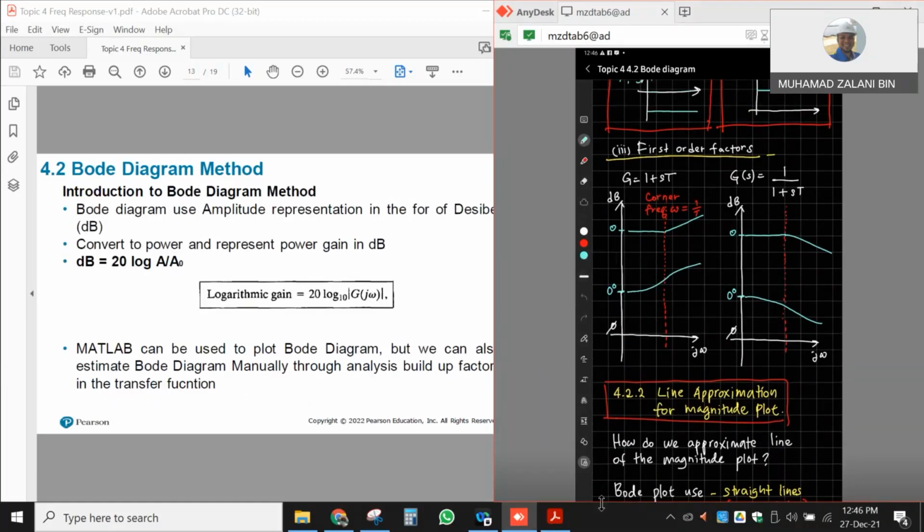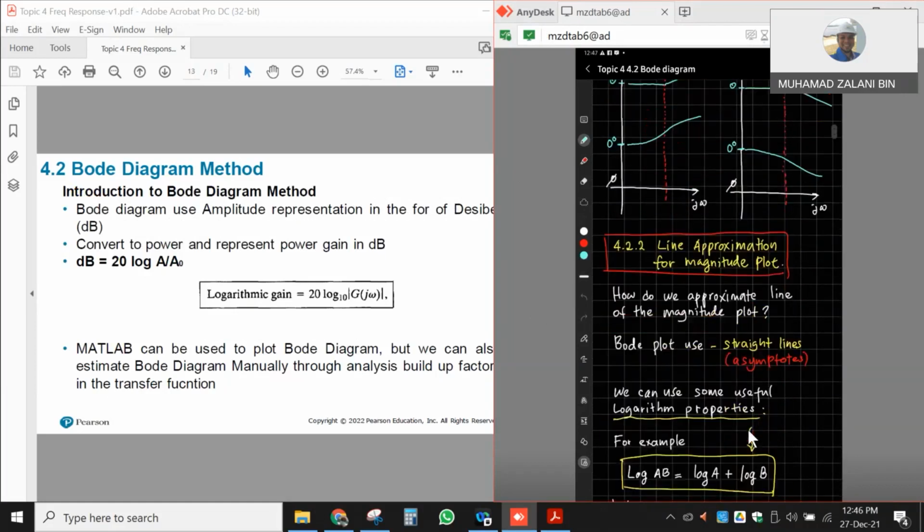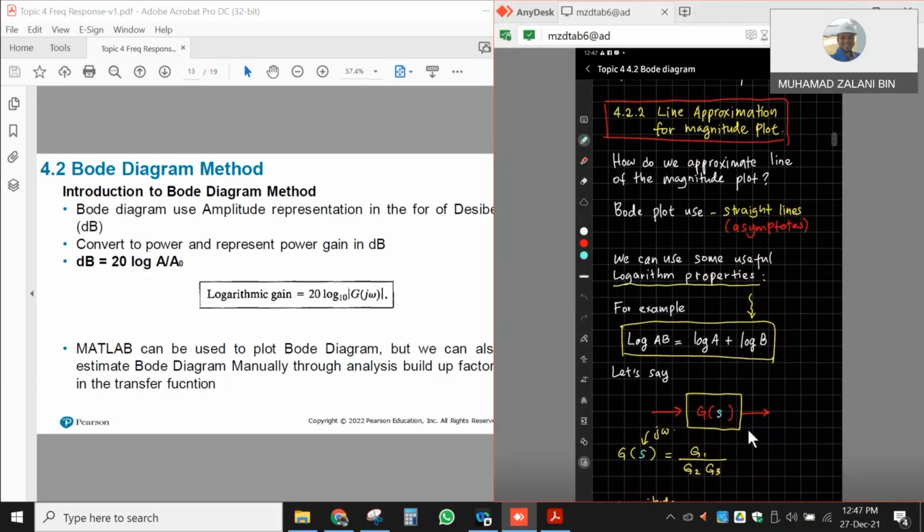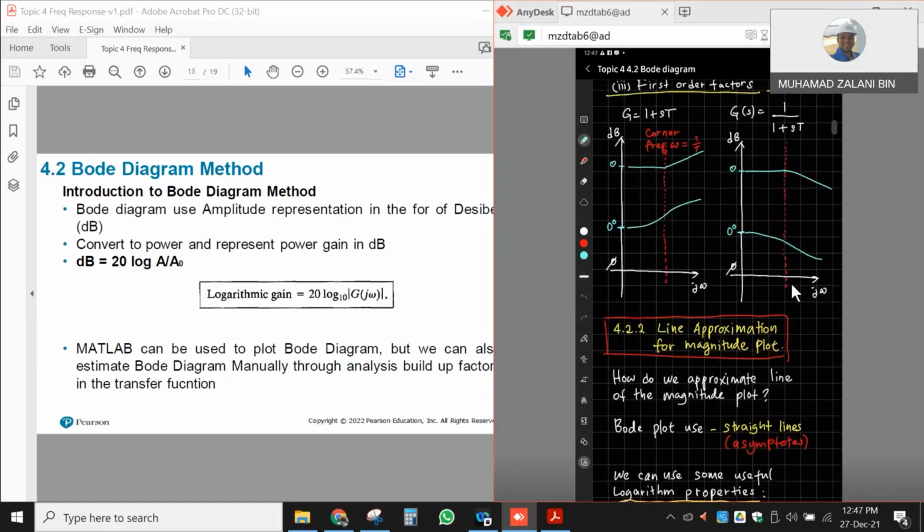All right, moving on to section 4.2.2, line approximation for the magnitude plot. How do we approximate the line of the magnitude plot? You see the lines of the magnitude plot like this.